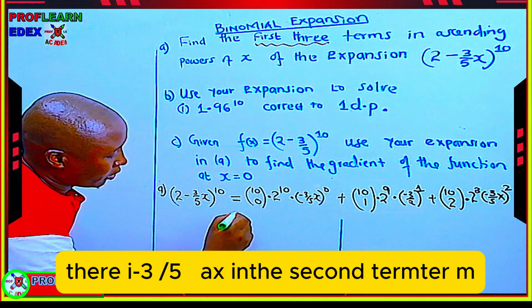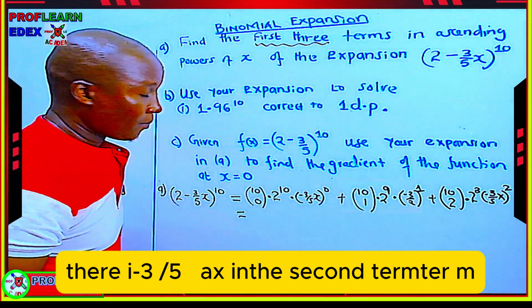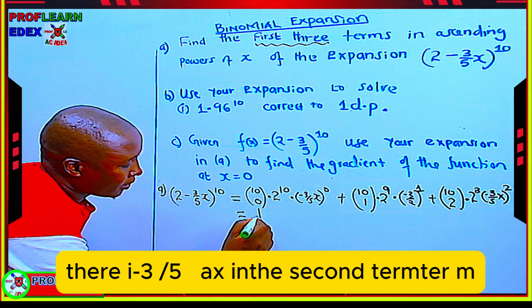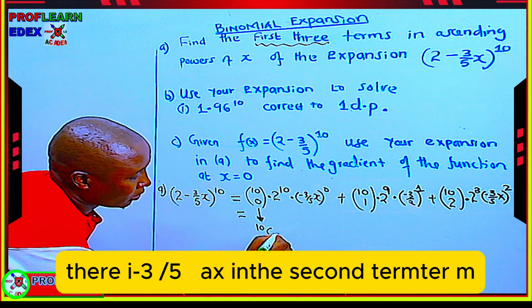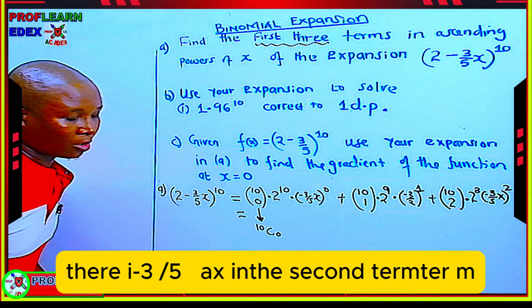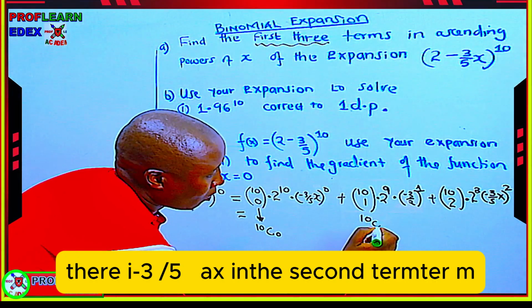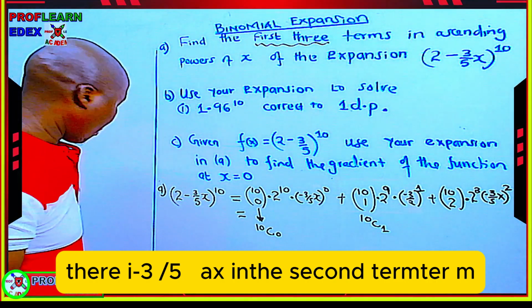We are going to work this out, and something I need to mention is that 10 combination 0 can also be written in this other notation, and 10 combination 1 too. It's the same thing, that's the same notation you can use.